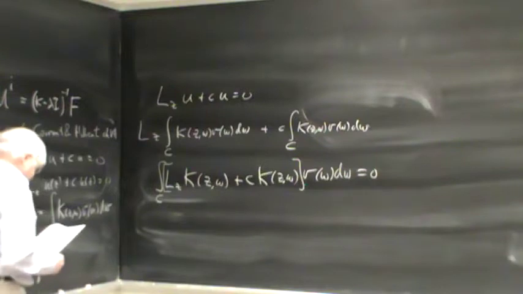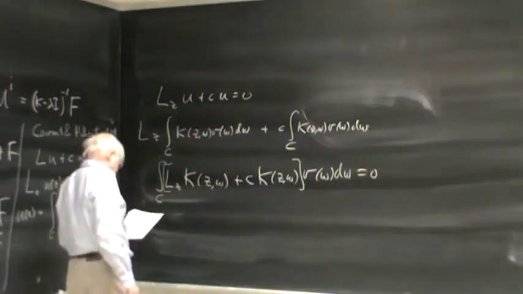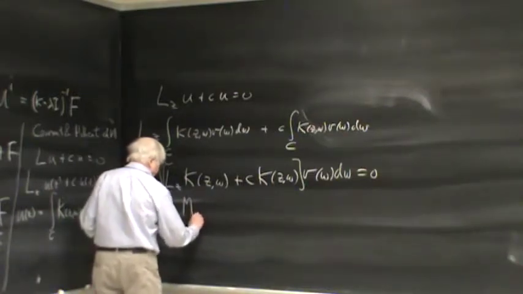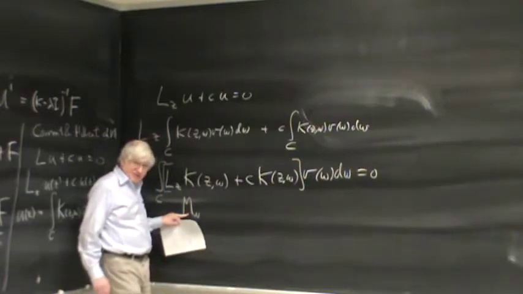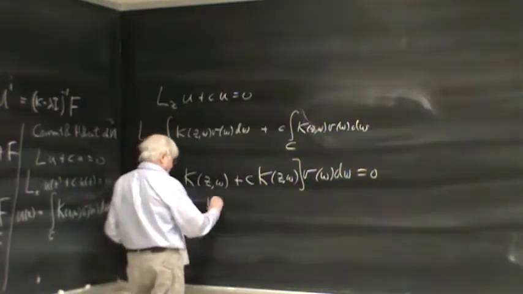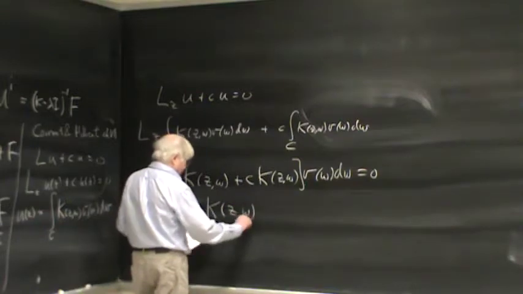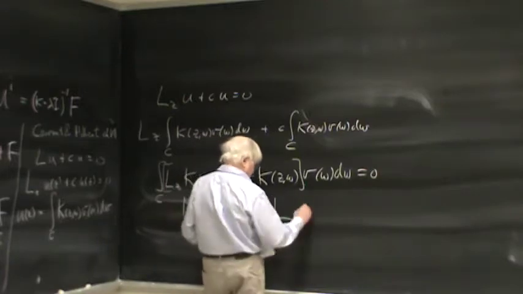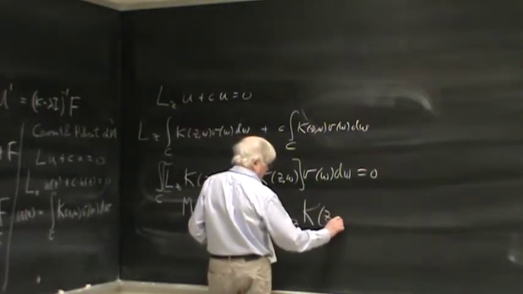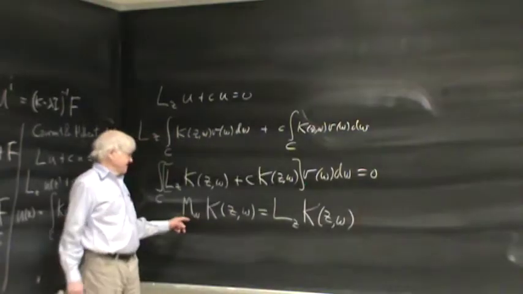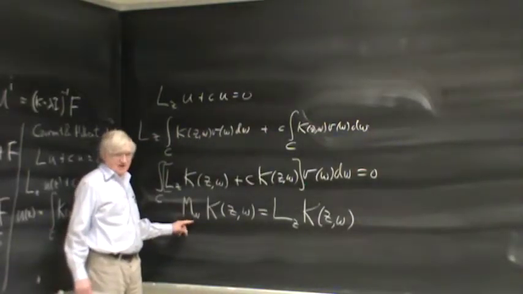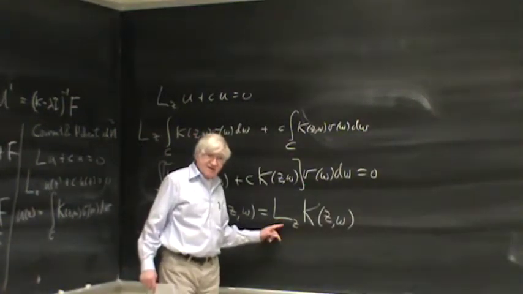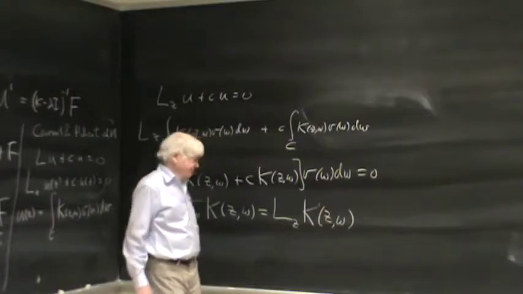The trick is to find another differential operator, M, which is a differential operator involving W derivatives, such that M on K of Z and W is equal to L, which involves Z derivatives, on K of Z and W. This doesn't mean we're differentiating M with respect to W. It means that M has W derivatives and L has Z derivatives.